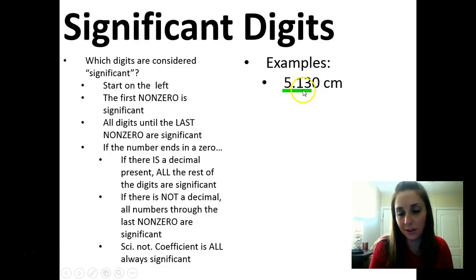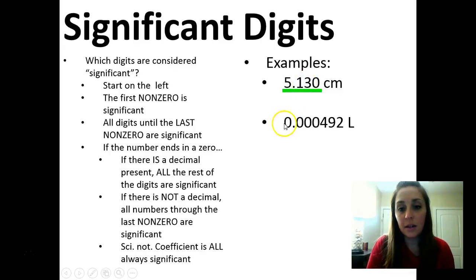I know these are significant. Then the question is, is this 0 at the end significant? Well, we go over here. Is there a decimal present? There is or there is not. I look over here, I see a decimal between that 5 and the 1. So because yes, there's a decimal, yes, I get to keep the 0. All of these digits are important in my measurement.